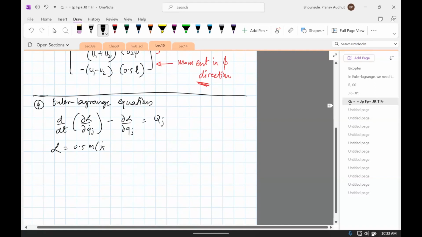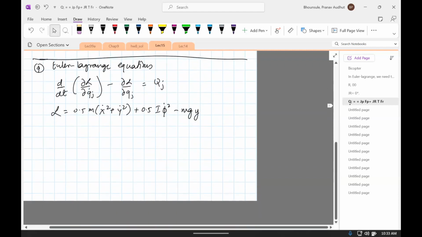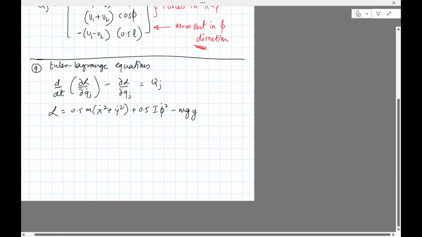L is 0.5 m (x dot squared plus y dot squared) plus 0.5 I phi dot squared. That's the kinetic energy, minus mgy. So let's write the equations. Okay, the first one: q_j is x.